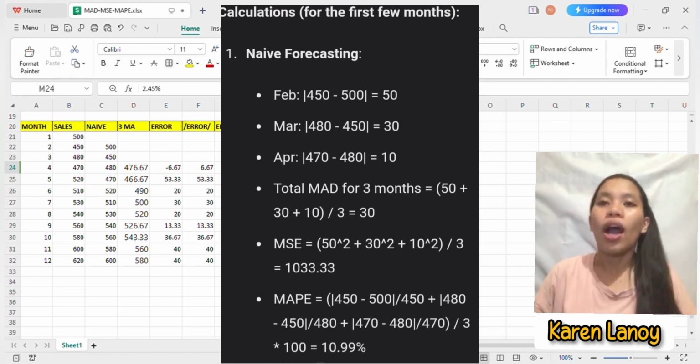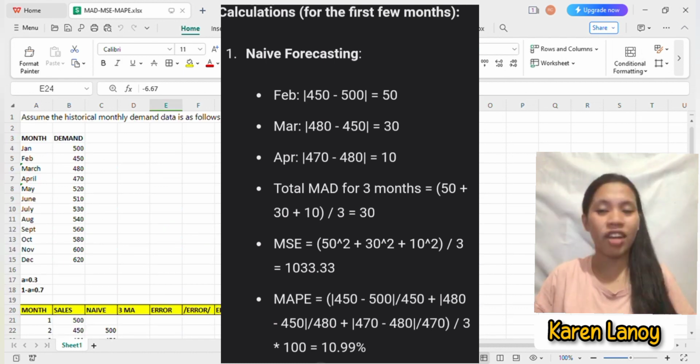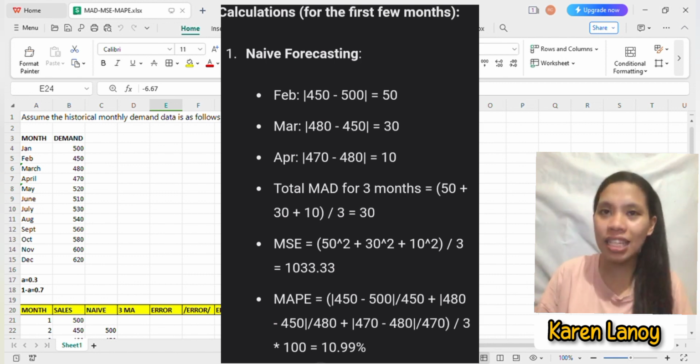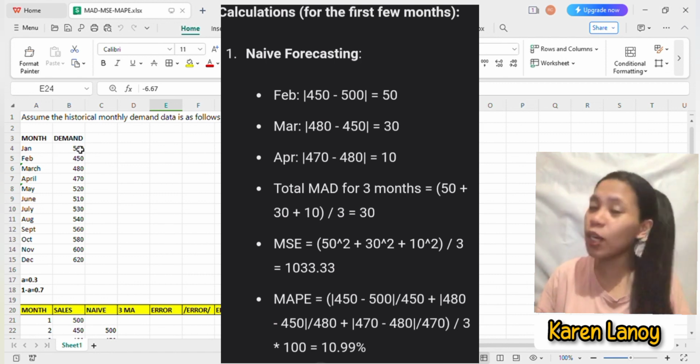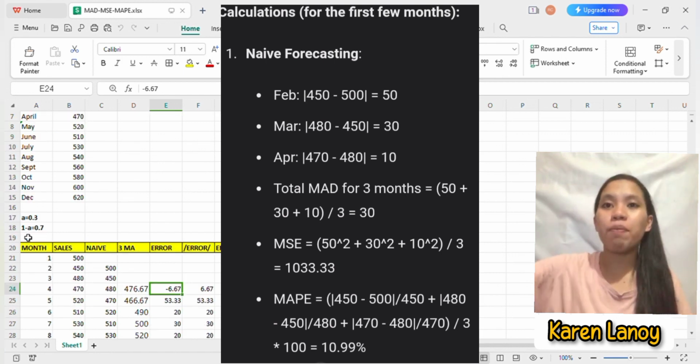Then MAPE: 450 minus 500 divided by 450, plus 480 minus 450 divided by 480, plus 470 minus 480 divided by 470, divided by 3, times 100, equals 10.99%.